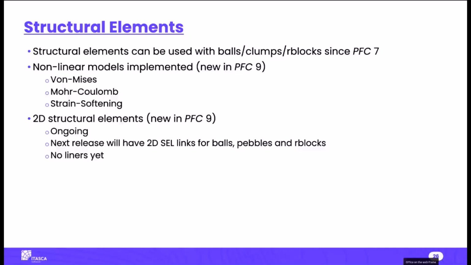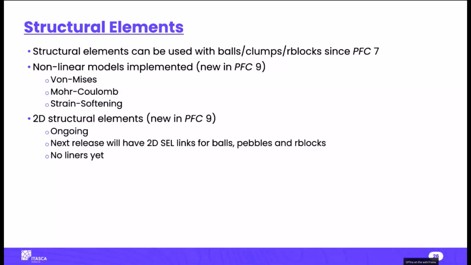How that actually works is there's a rigid connection between nodes of the structural element and a ball, if the soil was being modeled as balls, and that acts as a kind of surface, and motion and forces are given between the balls and the structural elements. So it's acting as another strength element inside the model that itself can fail, especially with the new nonlinear models that have been implemented.